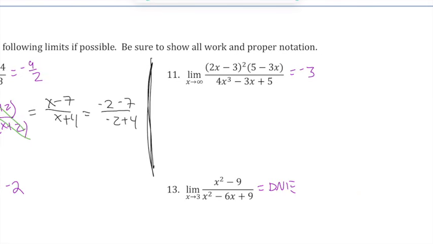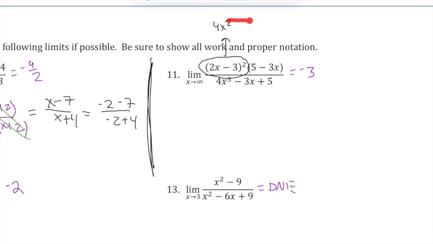Question 11, so we are approaching infinity, kind of asking for horizontal asymptotes. Again, on the top, I would not distribute that. Just note that from this term, you're going to get a 4x squared out of it. Because again, it's going to be 2x times 2x.